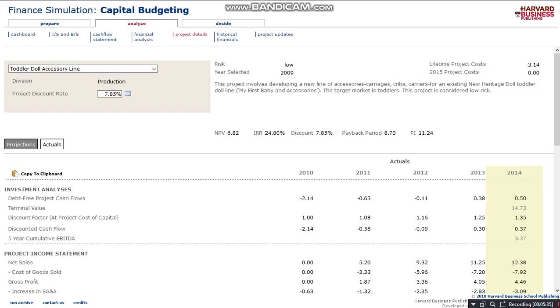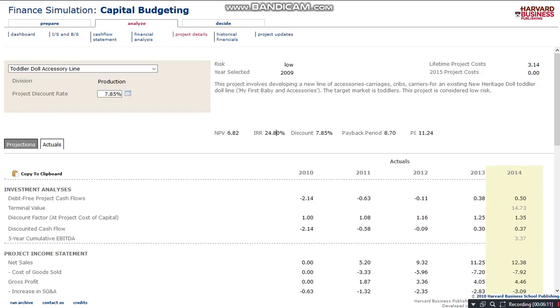This project shows a low risk, and it has a project life cost of 3.14. So I can use that number to compare if I want to choose this project or not. As you can see, the NPV is almost 7, and the IRR is almost 25%, and the PI is positive. So we would always choose the positive ones.